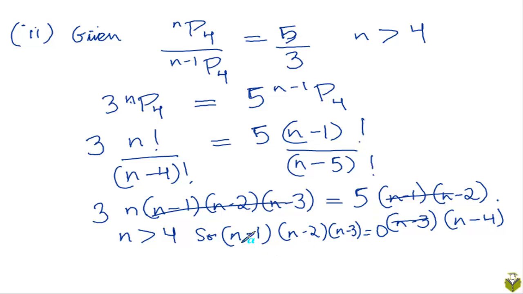For it to be 0, n has to be either 1 or 2 or 3, but n is greater than 4, so that's not possible.